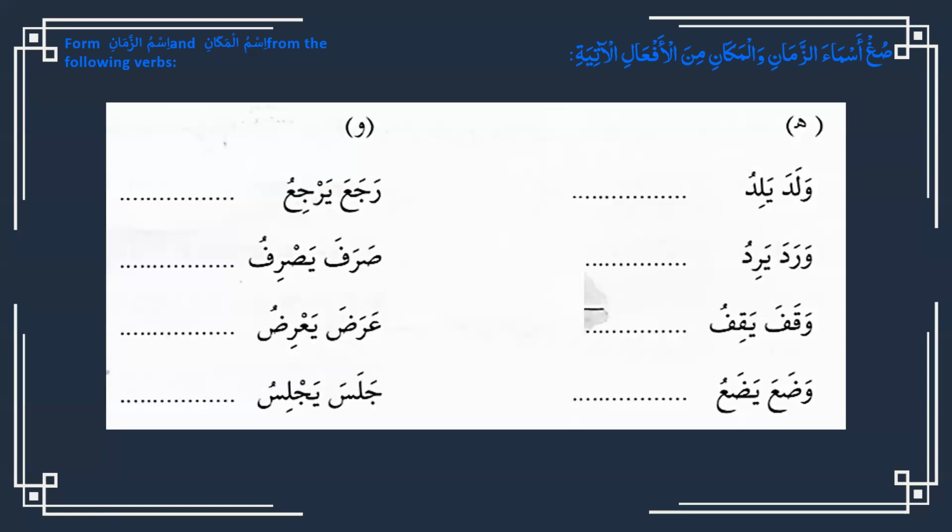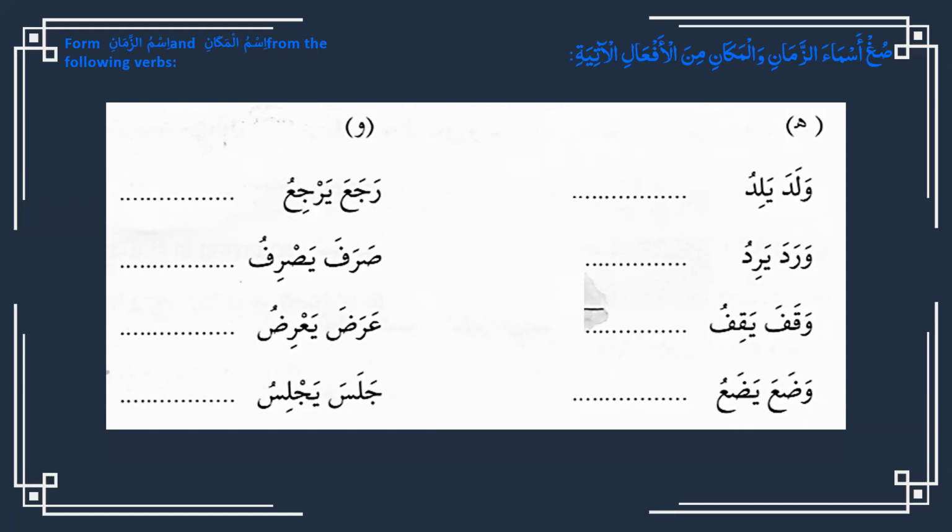Next two. So these ones we will do. Sister Azumi, you will do everything on the right, and Sister Naila, you can do everything on the left. Same thing. Okay. Walada yalidu, to give birth. Maulid, to create, or what?